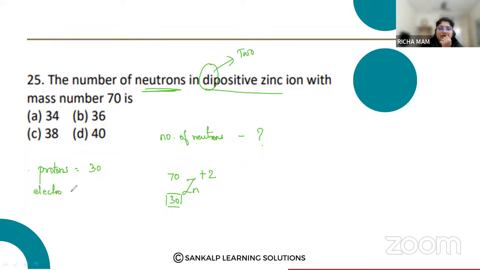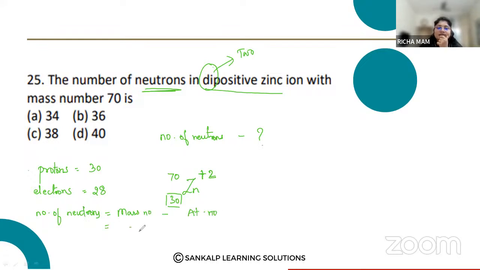Then the number of electrons. Here the number of electrons is reduced by 2, because the charge is given as +2 on the zinc. So it is 30 minus 2, which is 28. Then how to calculate the number of neutrons? It is mass number minus atomic number.